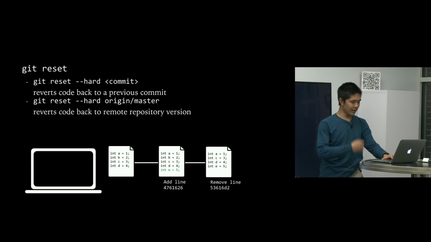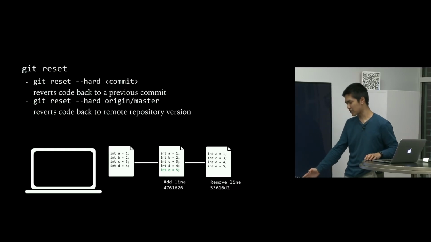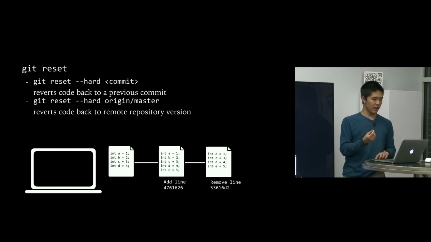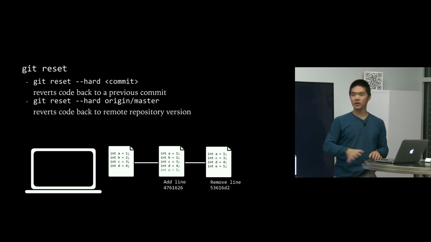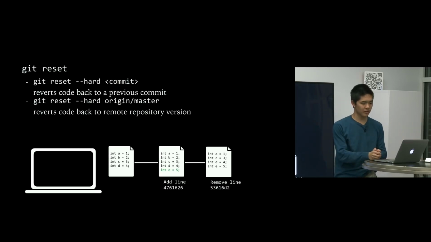So recall that every one of our commits has a commit hash, some unique identifier that says this is how we identify this particular change. And down here next to the commit messages, I've included the first couple characters of those commit hashes. If I type git reset --hard followed by some commit hash, and usually you don't need to include the entire commit hash because usually it's dozens upon dozens of characters.